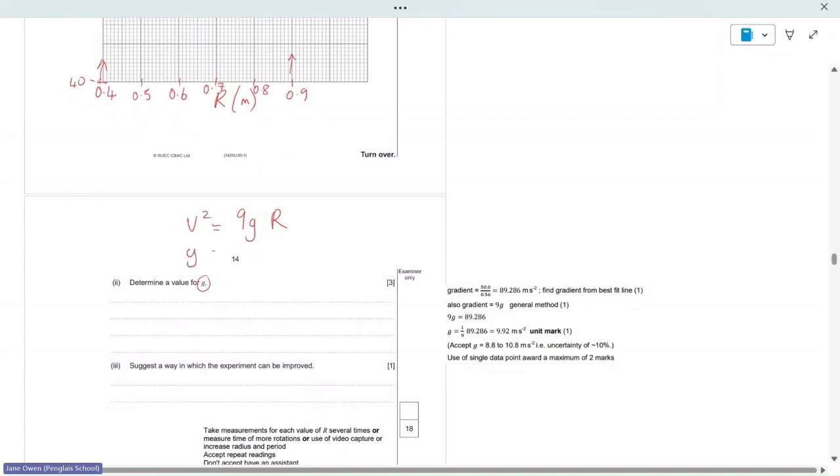So we relate this to y equals mx. We've got on the y-axis V squared, on the x-axis we've got r, which means that our gradient m gives us 9g. So if I work out my gradient, divide it by 9, I get my value of g.